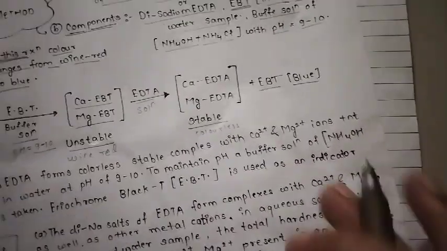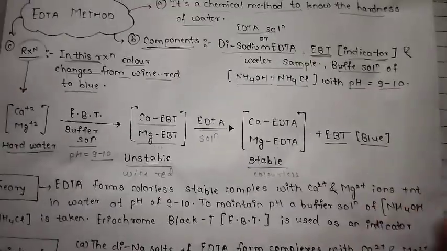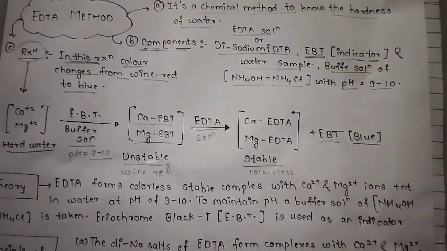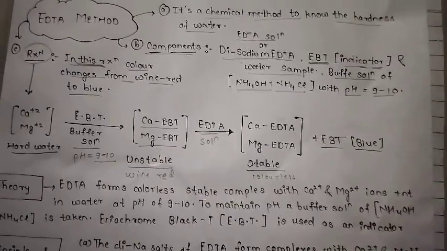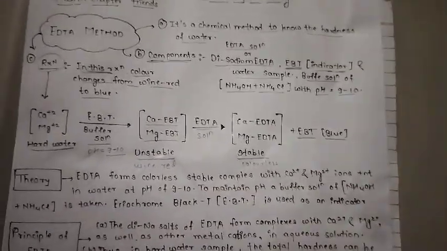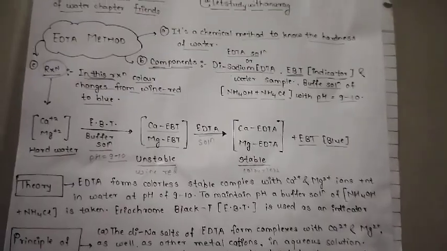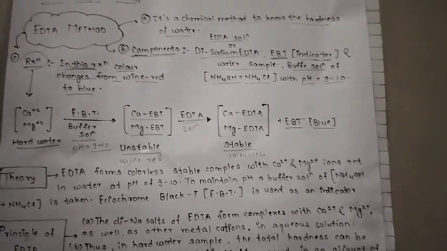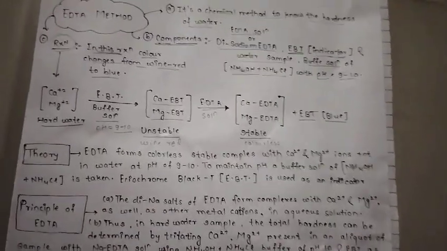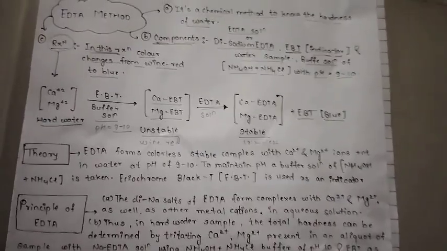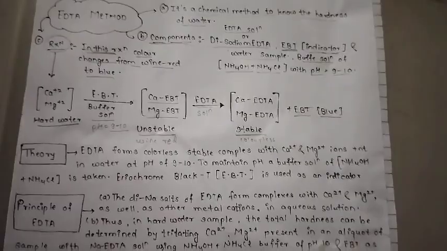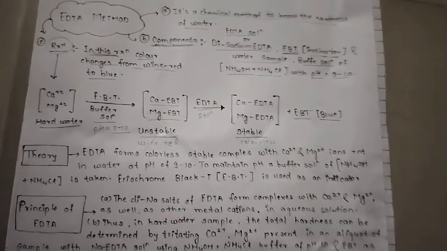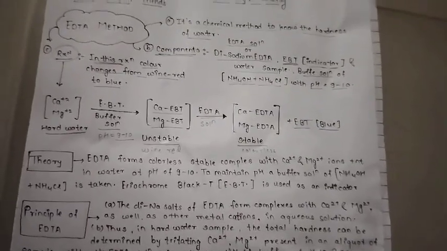So guys, if you want to make an impression on the examiner or the paper checker, you can write the reaction and the color as well. The examiner may give you some extra marks for this. Like if she wants to give you 4 marks, seeing that you have explained the theory very well, maybe her or his mind can change to give you 4.5 or 5 out of 5.